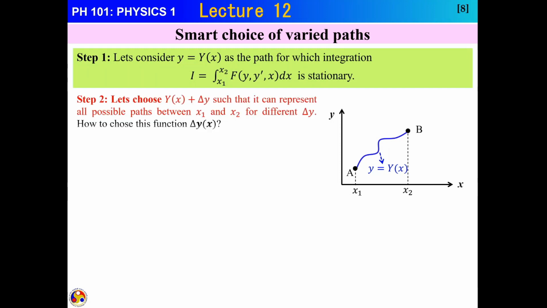So let us choose a path y of x, which is given here, and then you add delta y to that, such that it can represent any possible path between x1 and x2 for different delta y.